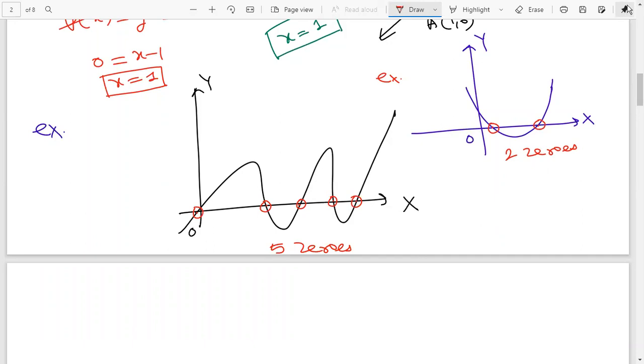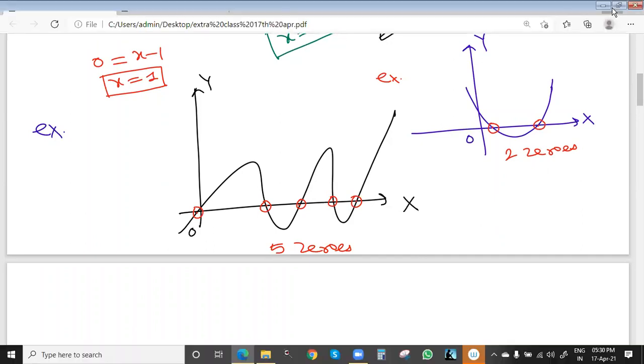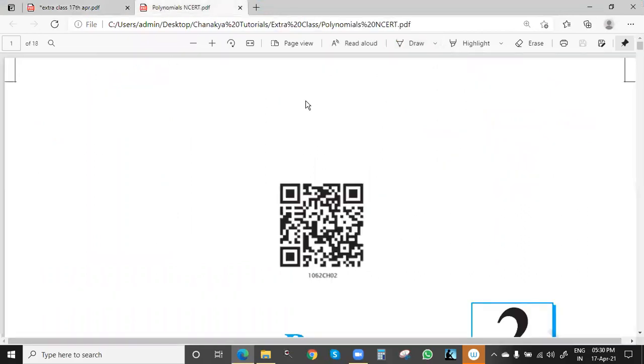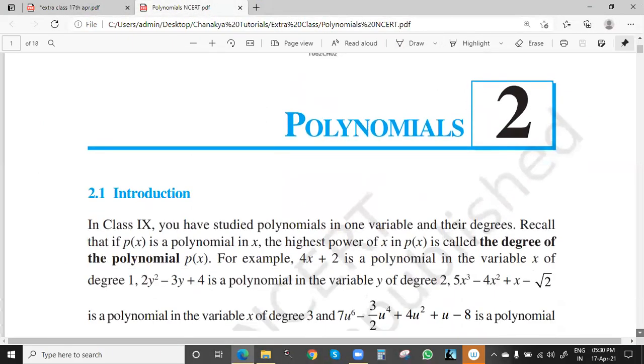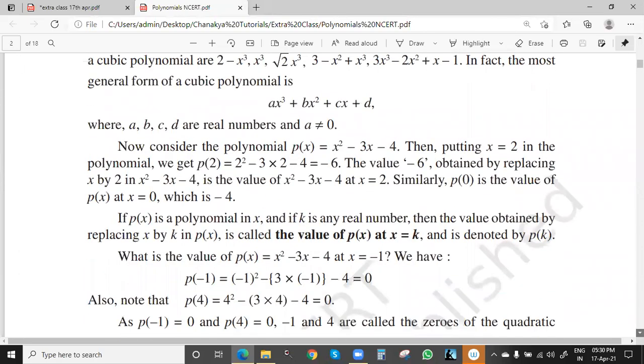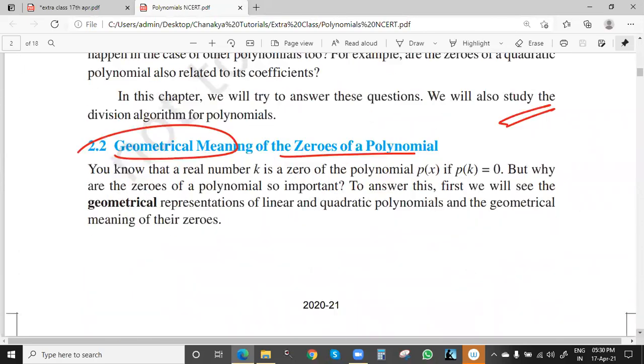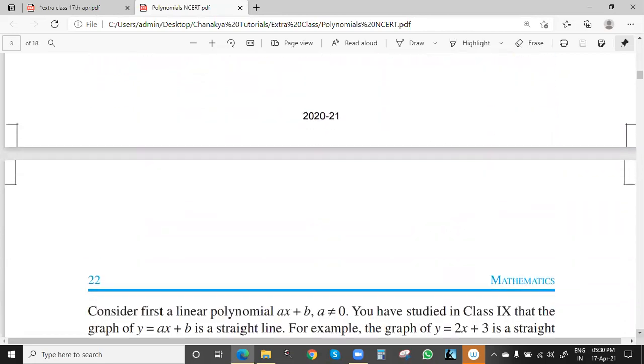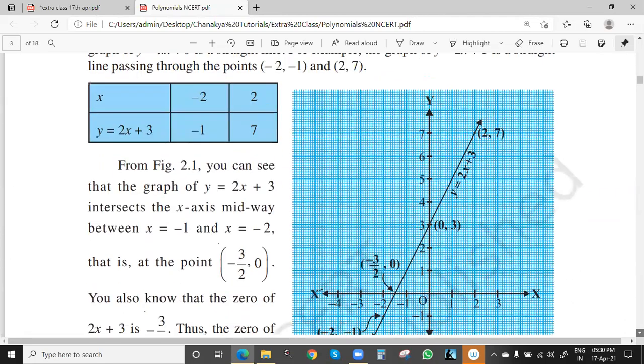Good. Now, based on our understanding, we'll see questions from our textbook. So this is the textbook, and here we have zeros. They have explained a bit, and then we have the geometrical meaning. Geometrical means by geometry or by graph.